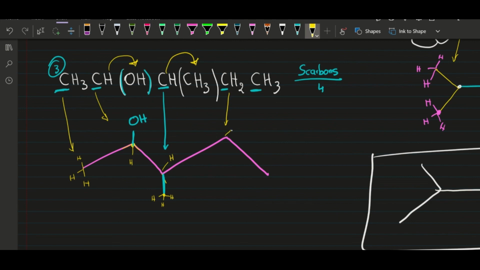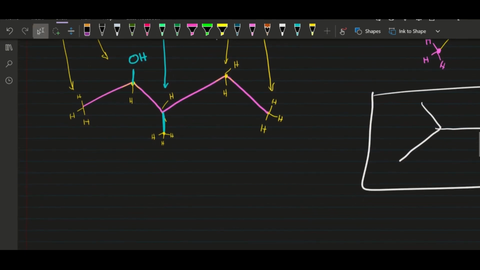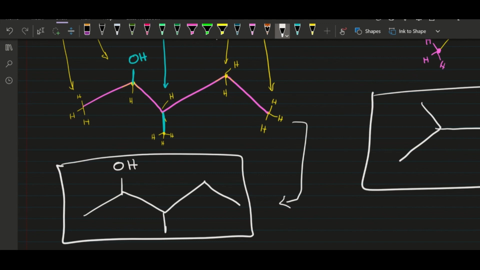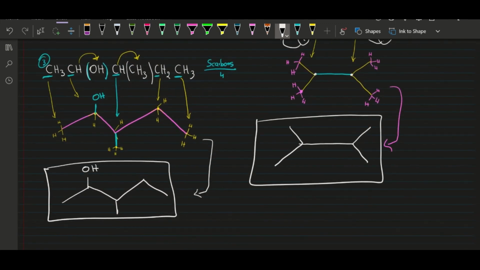And then this carbon right here already has 2 bonds. So CH, another H. And the very last carbon we drew here, CH3. So let's draw a cleaner version of this. This is your final answer for that.